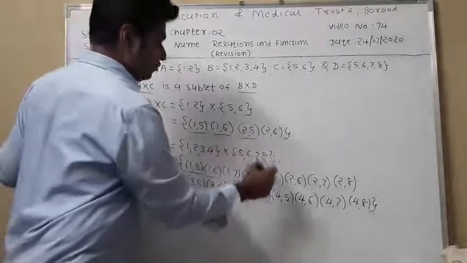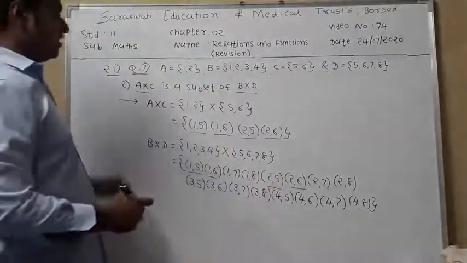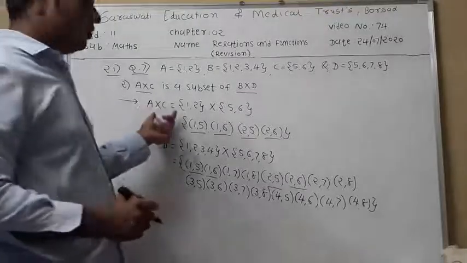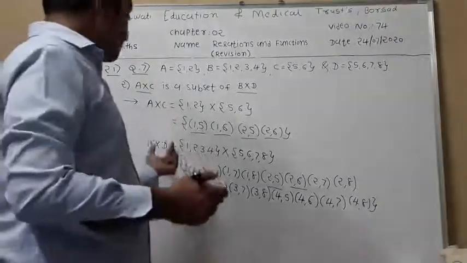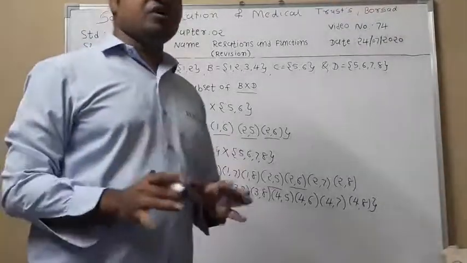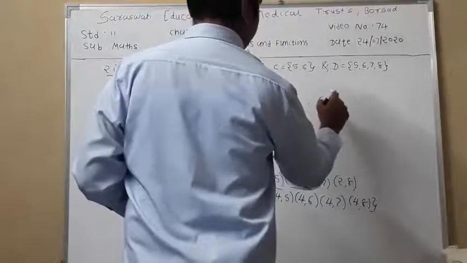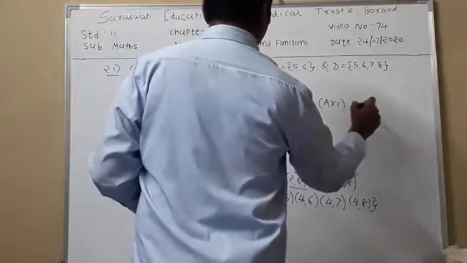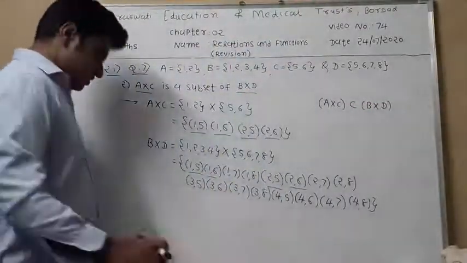Now (2,5) is present here, (2,6) is present here. Therefore we can say that all the ordered pairs of A Cartesian product C are present in B Cartesian product D, so A Cartesian product C is a subset of B Cartesian product D. Clear? Next one.